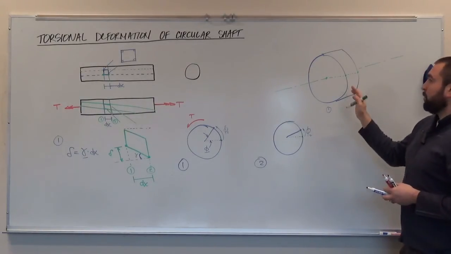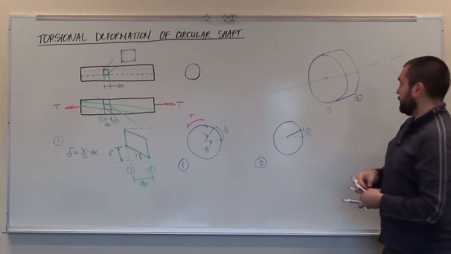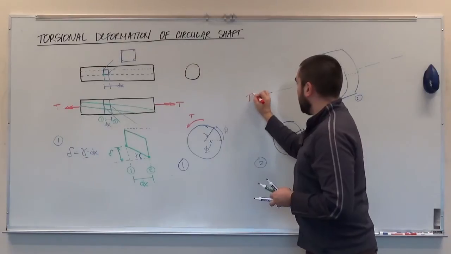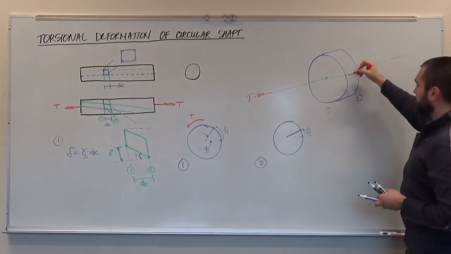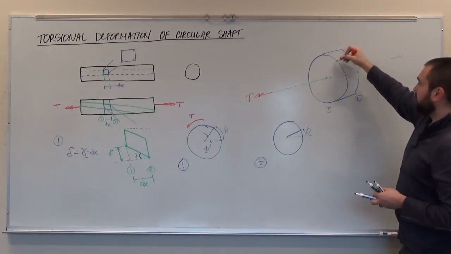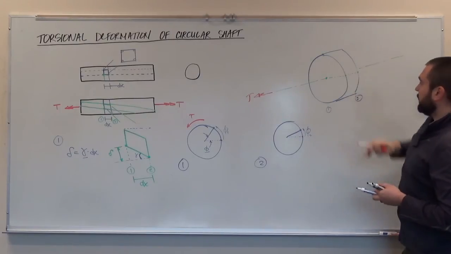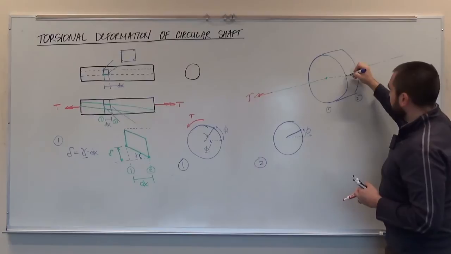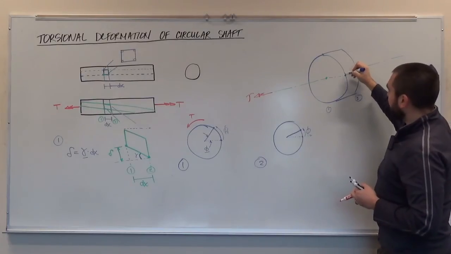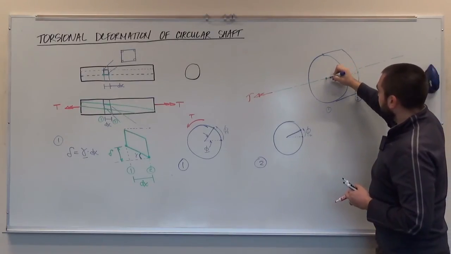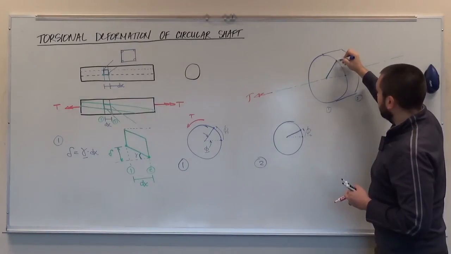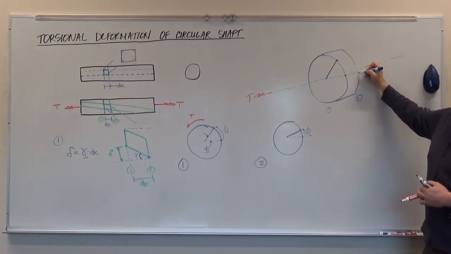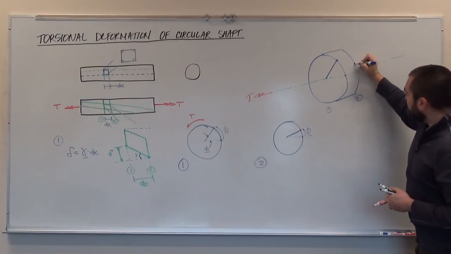Okay, but as we applied a torque to this, this point is going to rotate some angle, all right, counterclockwise in the way that I've shown the torque. So this first point on section number 1 is going to rotate, let's say, up to here, okay?